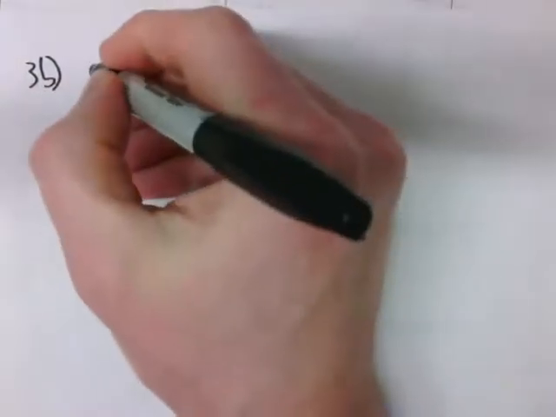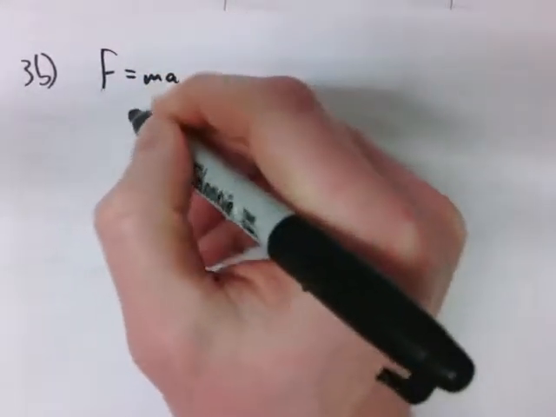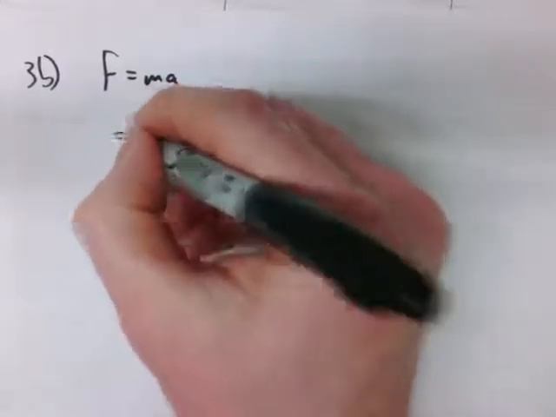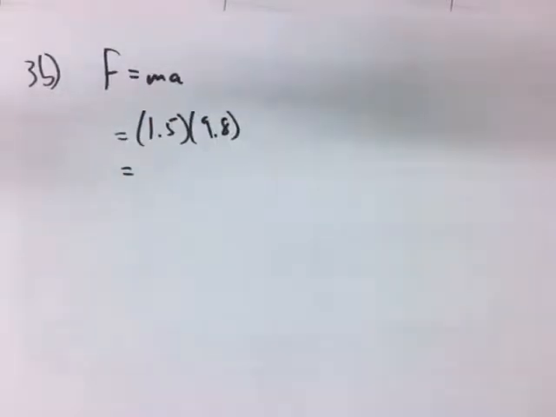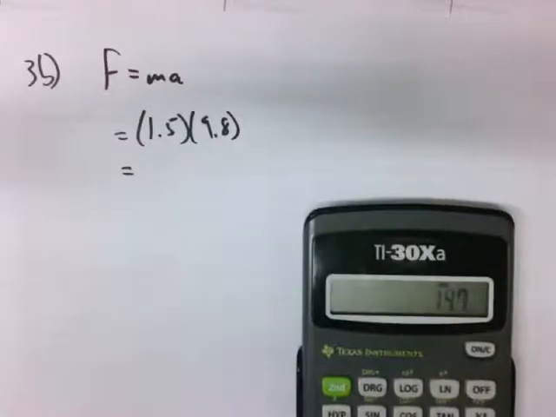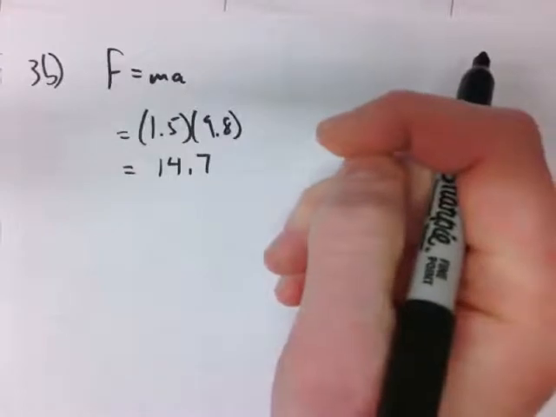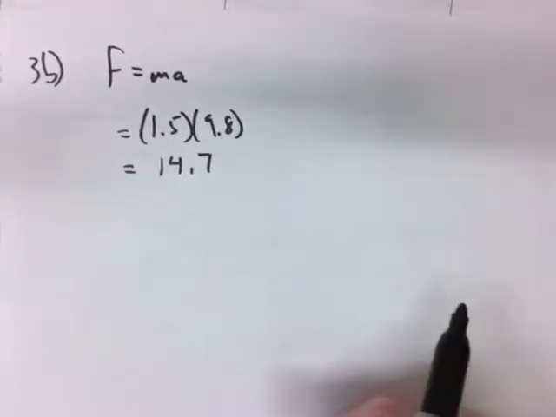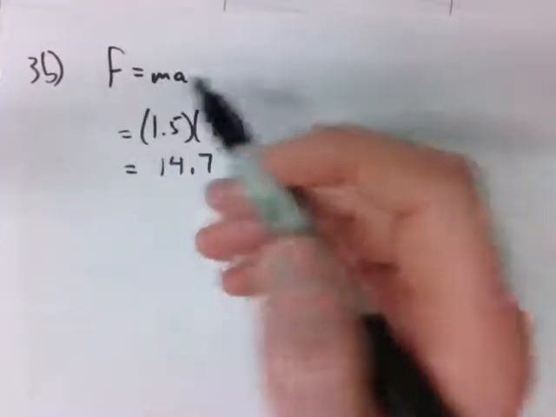So the force in that string pulling down, so F equals MA. The force is 1.5, because that's the mass of the little guy, times 9.8. 1.5 times 9.8 is 14.7. That's the force of the mass going down. But friction is kind of coming along. Sorry, not friction.